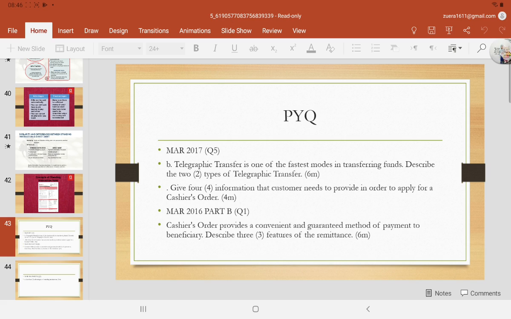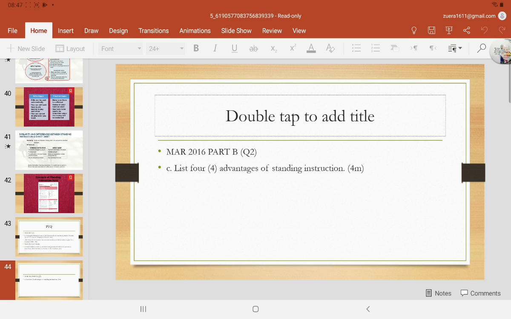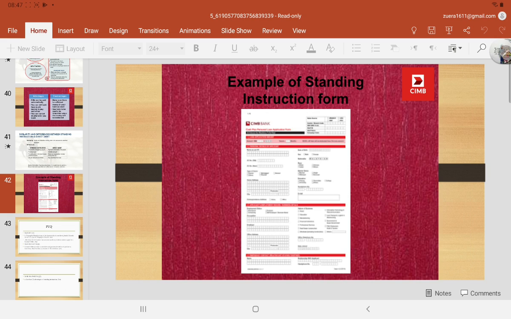Then from past year question March 2016, they ask about the features of the cashier order. And lastly, from March 2016, the question asks about the advantages of the standing instruction. So you can refer to the other past year questions in order to do the exercises for this chapter.